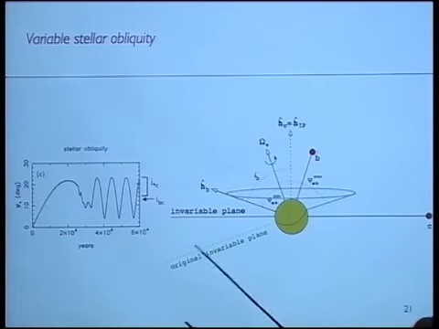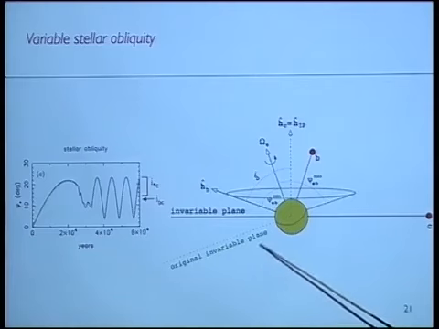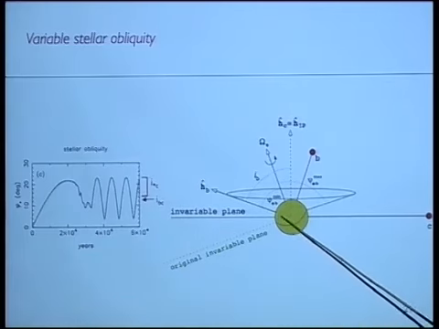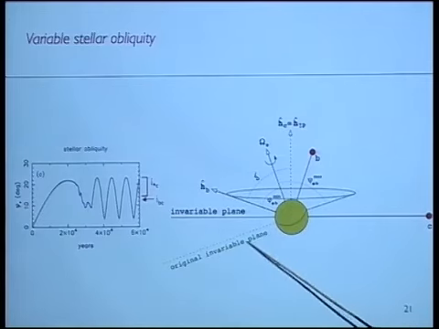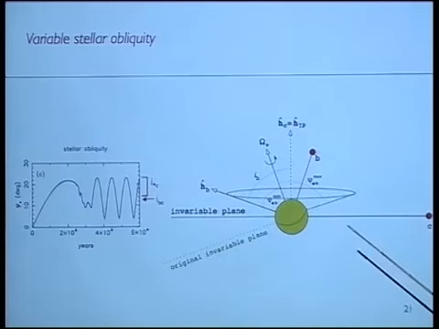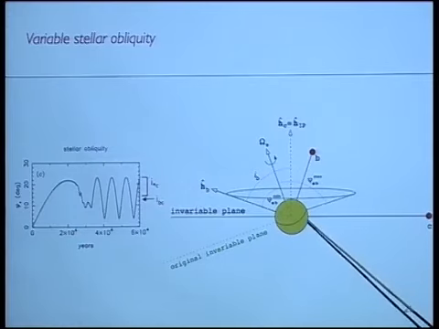What's going on with this is, so here's the original invariable plane, and I've put the star's spin axis in the same direction as the normal to the original invariable plane. The star doesn't care about all this scattering and stuff going on. The torque on it is almost nothing.